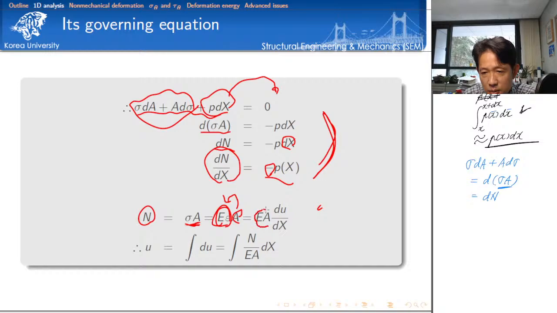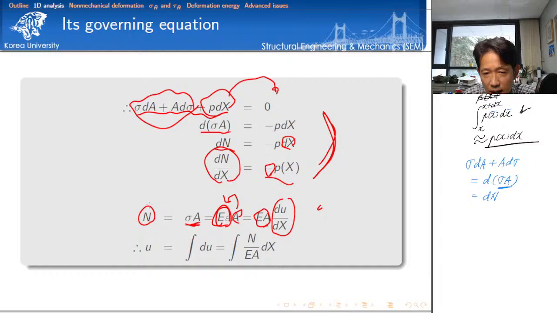Then we have elastic modulus times the cross-section area. And now we want to use compatibility. The strain is equal to the first derivative of the displacement with respect to the x-coordinate, du over dx.